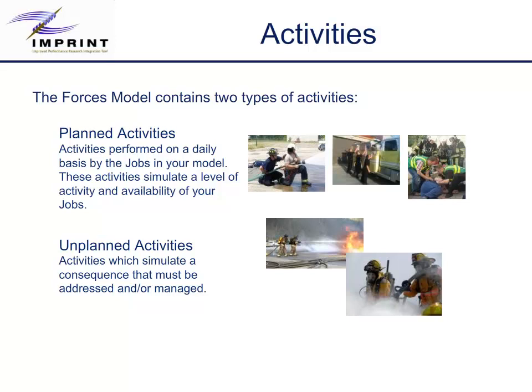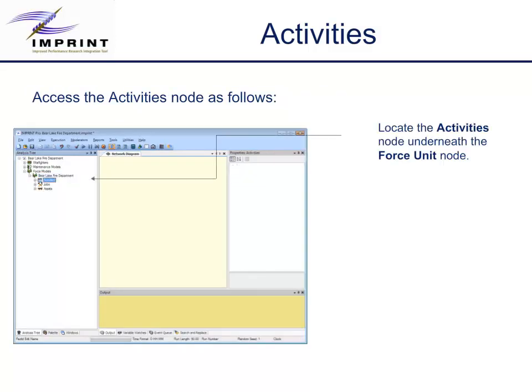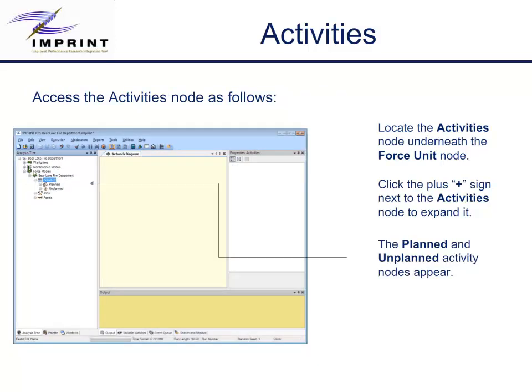Unplanned activities are activities which simulate a consequence that must be addressed and or managed. Since we're scheduling these activities on a scenario timeline in the model, they are not really unplanned, but you can think of them as events that are not normal occurrences and that can trigger additional activities that need to be performed. To view the planned and unplanned activities, expand the Activities node in the Analysis tree.